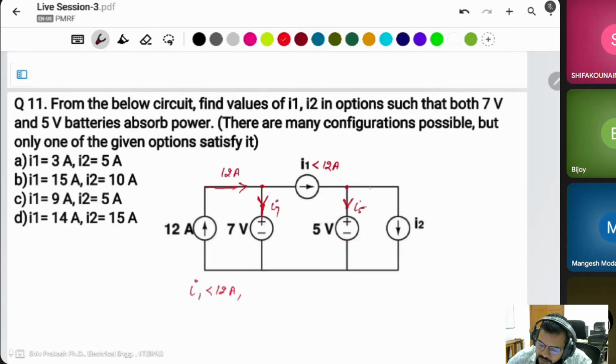This is I1 and this is I2. It means I2 is less than I1, because from I1 some current is going to the 5 volt battery. That means I2 should be less than I1.